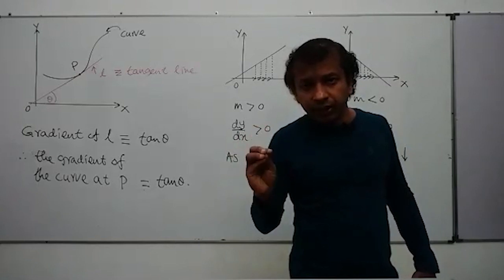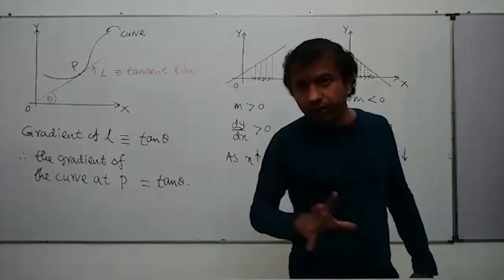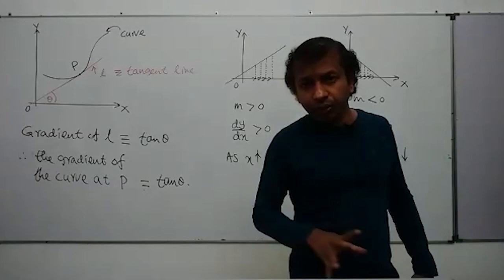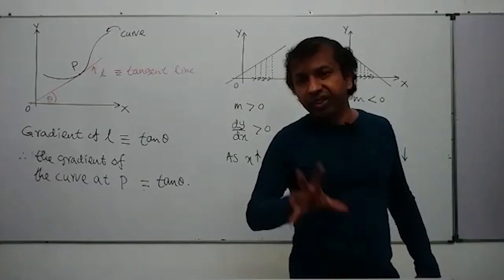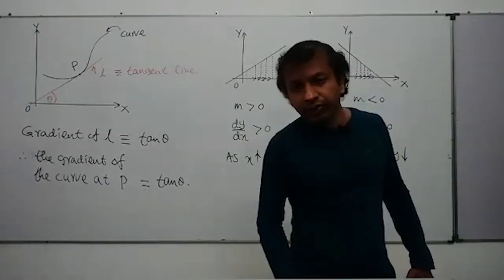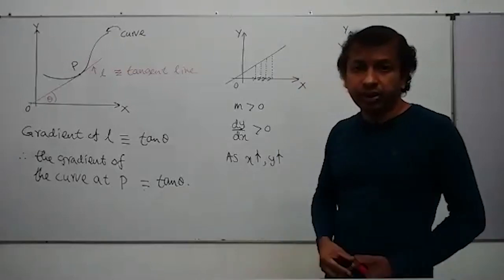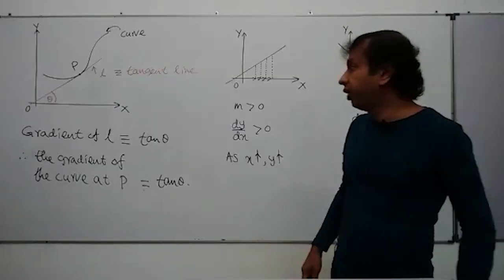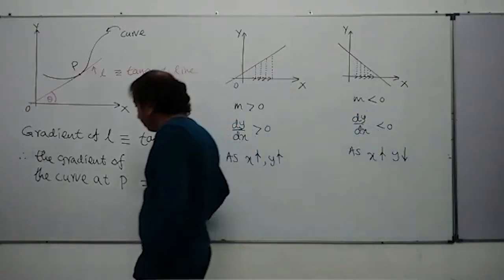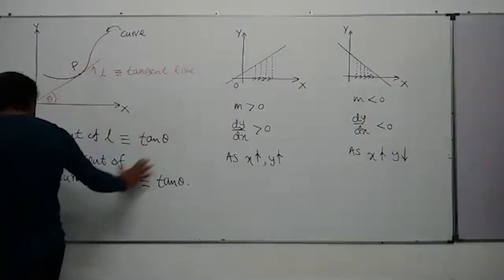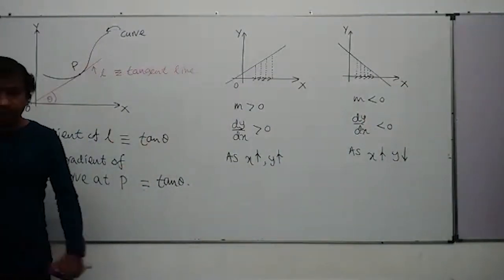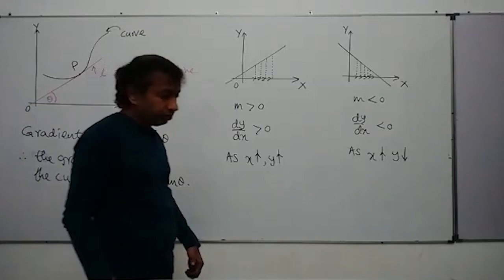The gradient of a curve at a given point on the curve is considered as the gradient of the tangent line constructed at that point on the curve. No. Right. Then after drawing everything and writing like this, we'll write one sentence. Write down like this.